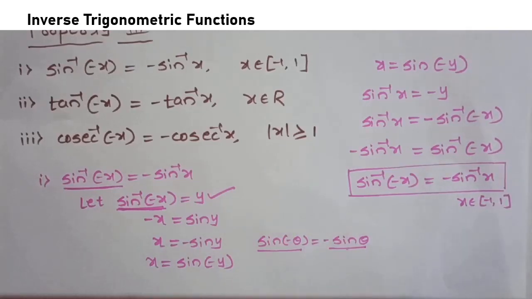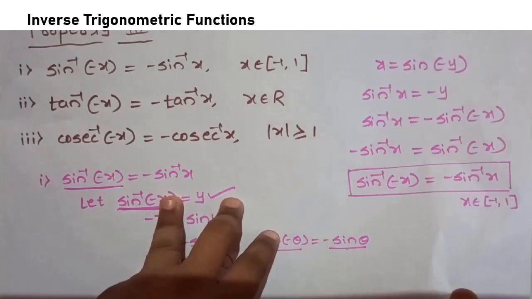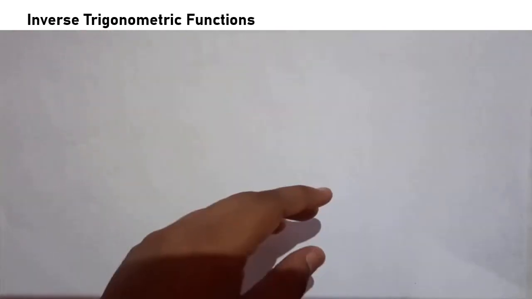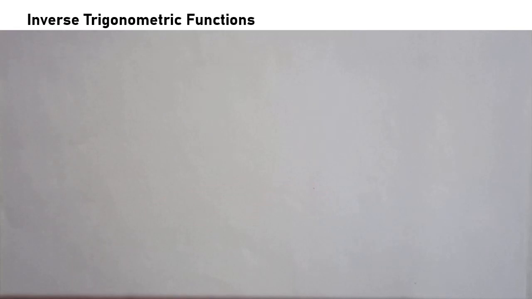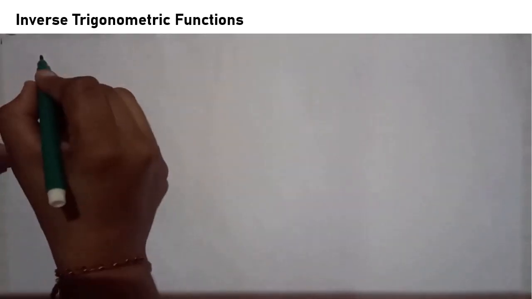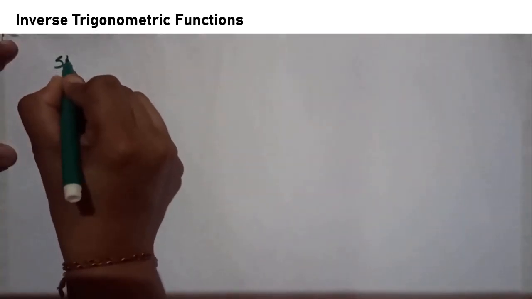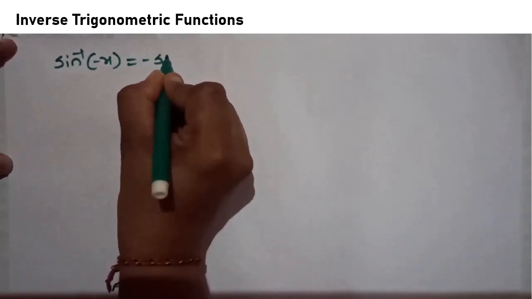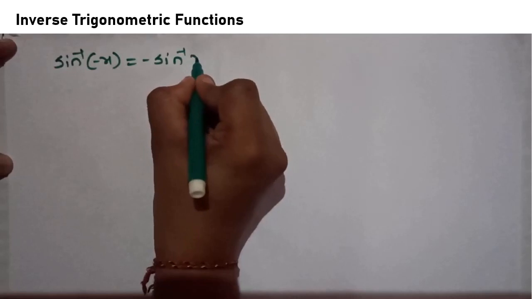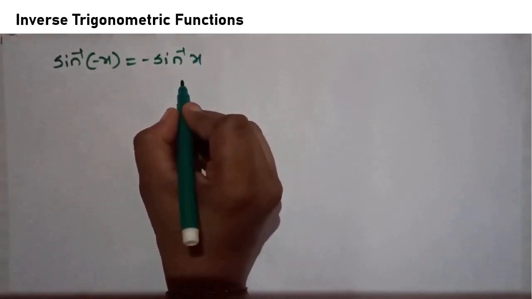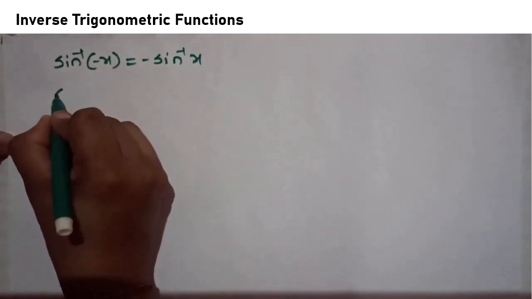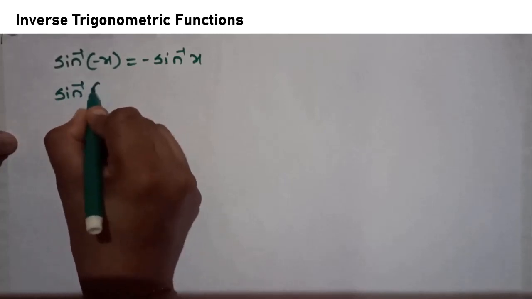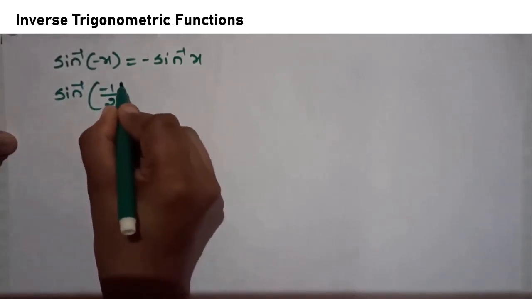Now we'll learn how to use this property, sine inverse of minus x is minus sine inverse x. Suppose they are giving: find the value of sine inverse minus 1 by 2.